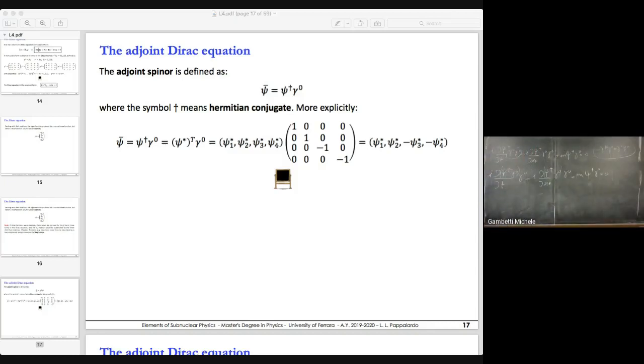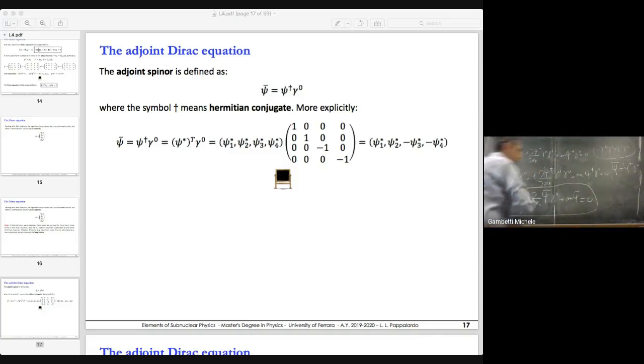And now we are done, because we just have to remember how we define the adjoint spinor. The adjoint spinor is exactly this one: the Hermitian conjugate times γ^0. And so this we can at the end write as i ∂_t ψ̄ γ^0 plus i ∂_k ψ̄ γ^k plus m ψ̄ equal to 0.